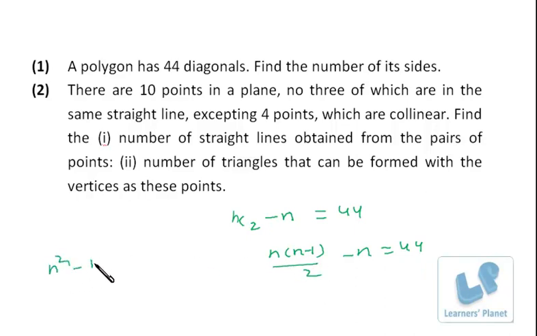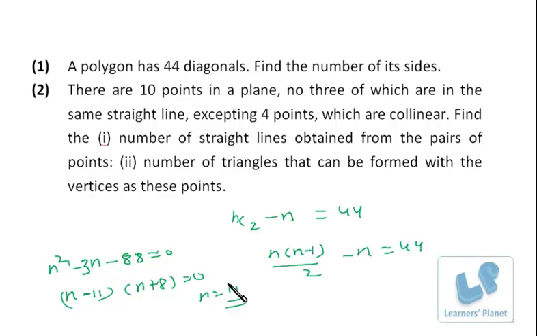It's n square minus n minus 2n, that means precisely n square minus 3n is equal to 88. So n square minus 3n minus 88 is equal to 0. So it's (n minus 11)(n plus 8) is equal to 0, right? So n is equal to 11, so the polygon is having 11 sides.